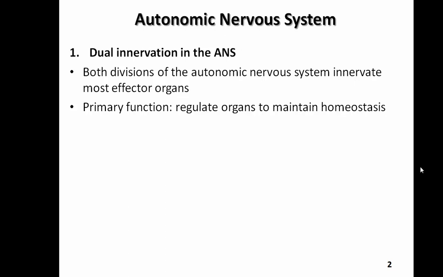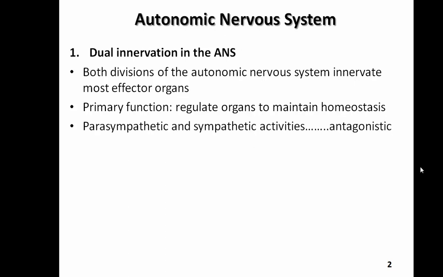order to maintain homeostasis. The two branches of the autonomic nervous system are the parasympathetic and the sympathetic branches, and the activities when these systems are activated are antagonistic to each other.